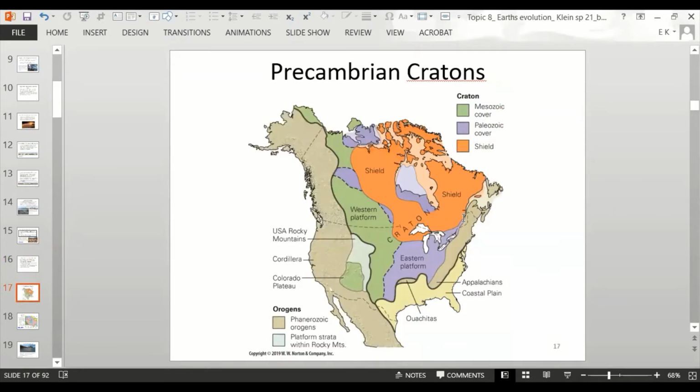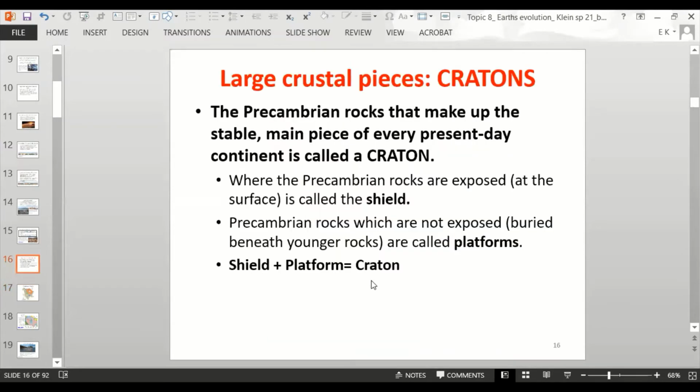So this is an example of some Precambrian cratons. This is in North America. And then the orange is the shield. And then we have some platforms. And then again, the shield and the platform equals the craton.